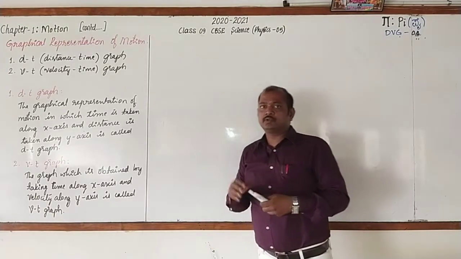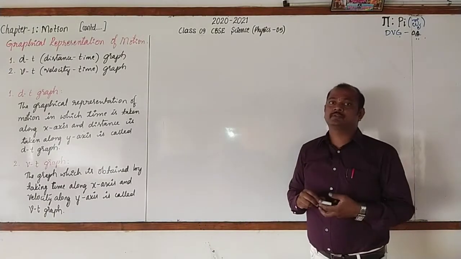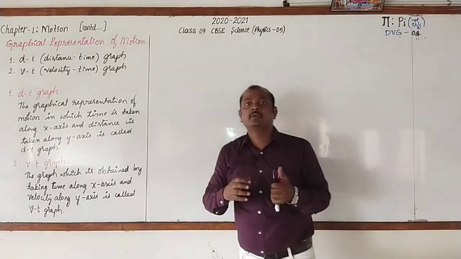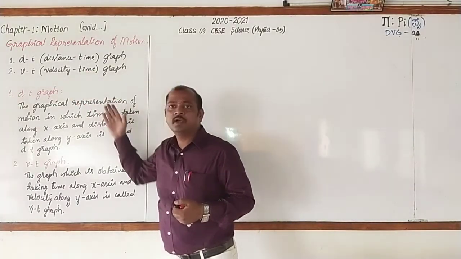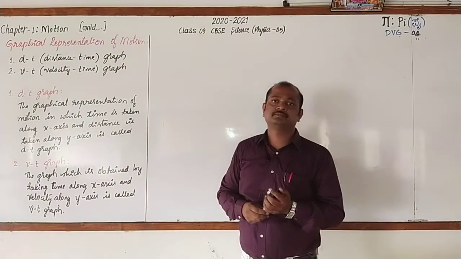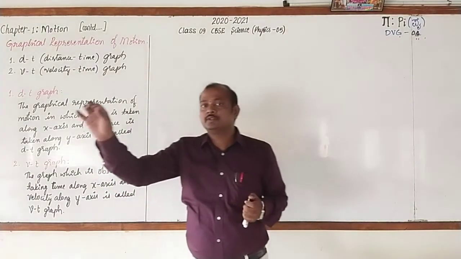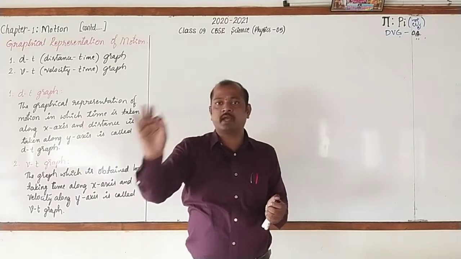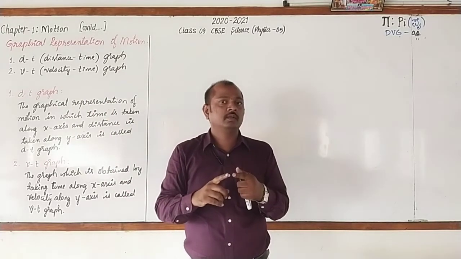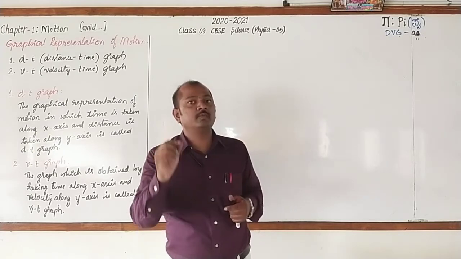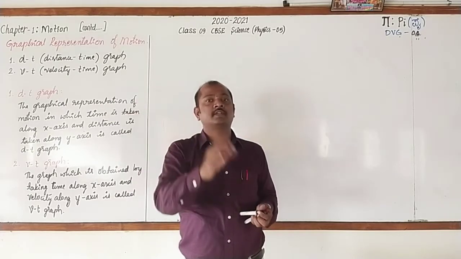Now let's move on to today's concept. In today's concept, we are going to get detailed information about the d-t graph as well as the v-t graph. Let's go through the d-t graph, the distance-time graph. Could you tell the physical quantity which is related to distance and time?